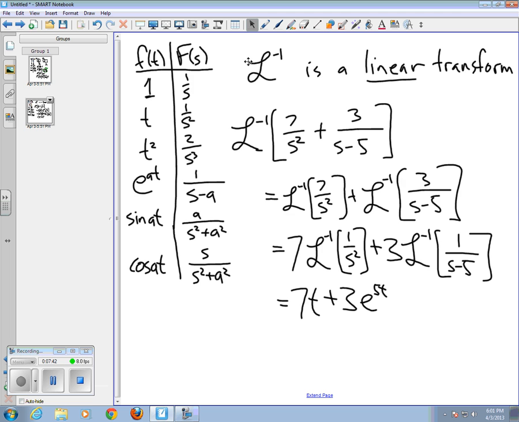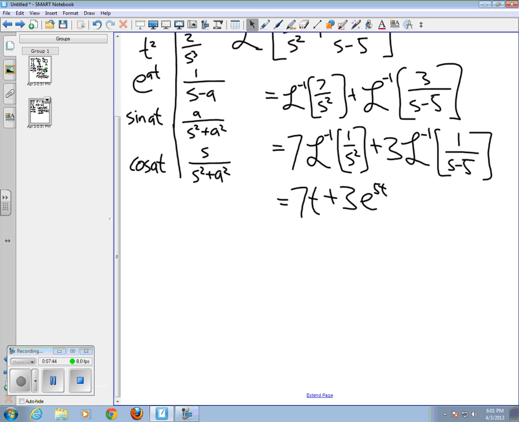Let's look at one more example here. Let's suppose that we wanted the inverse Laplace transform of, let's say, 7 over s squared plus 9.